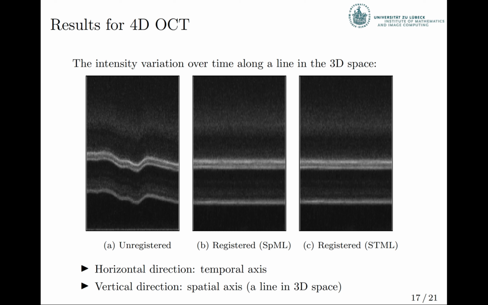Because the images are not registered, along that line there is fluctuation, and that is why we observe a curved structure here. After registration, all the images are nicely aligned, and that is why we see a straight line for both of the registration schemes. As we observe from these plots, both of the registration schemes are giving almost the same results.